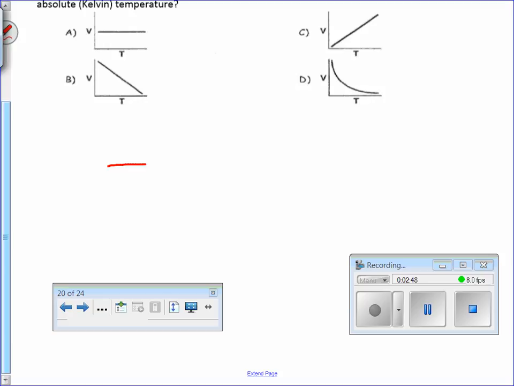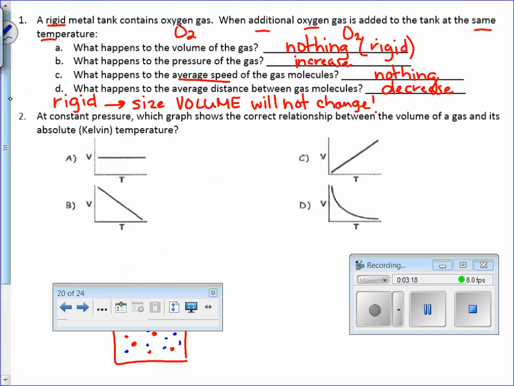If I have a container with gas initially in it, and then I add more gas, and the volume of the gas cannot change, then I'm a more densely populated gas sample. So there's less space in between two molecules. So that space in between is going to decrease.